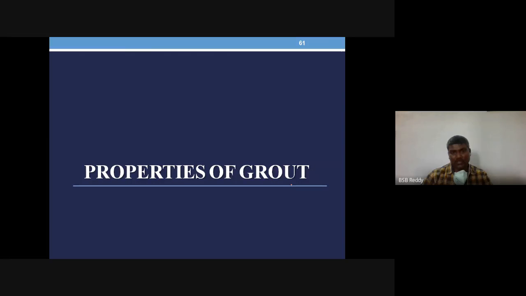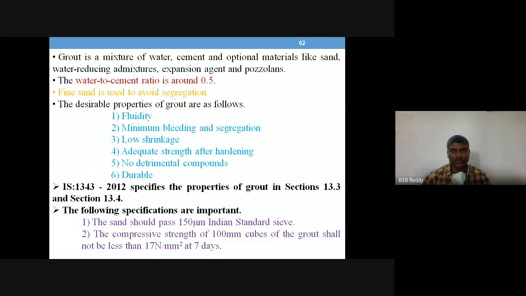And just one more small topic: the properties of grout required for post-tension members, where the duct provided for the tensioning of the strands must be filled up with a cement grout. So what is meant by a grout?